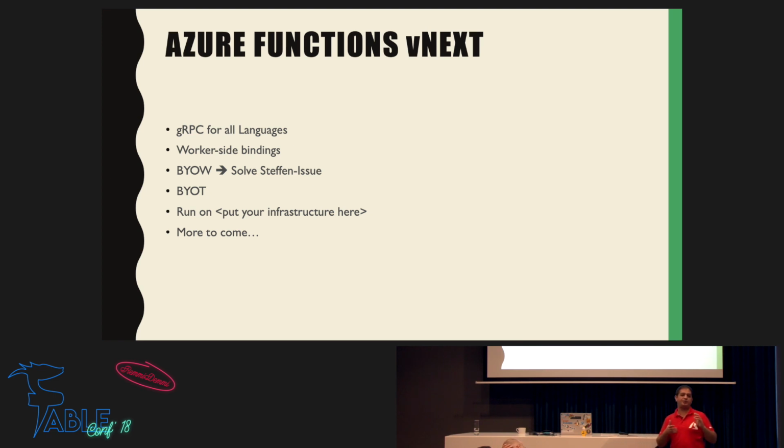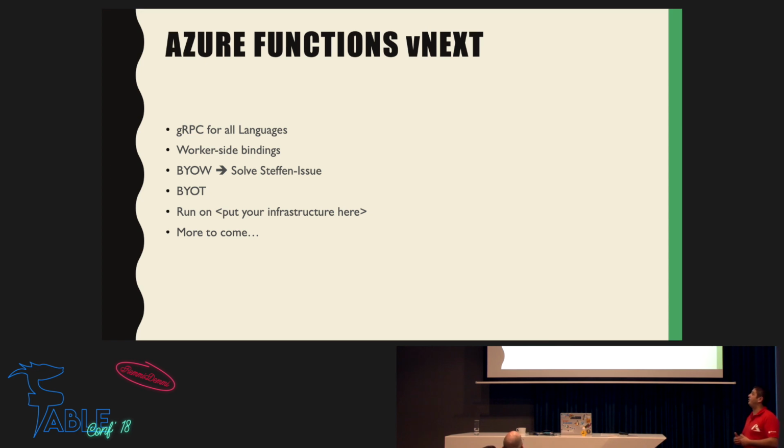This is what happens today in V2 if you use Node.js or Java or Golang, but only to a certain point. Right now, the host loads everything for the bindings and sends it down to the worker. The worker does its work and comes back with the output binding data, and the host calls the output bindings.